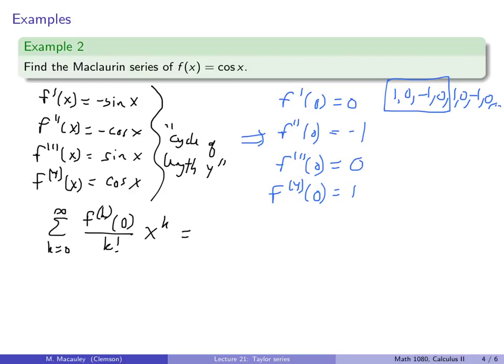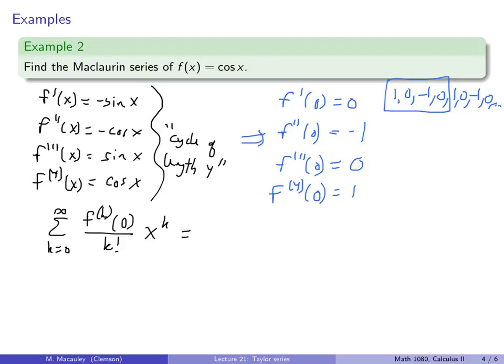Now it's not quite so simple. This thing is going to sometimes be 0 or 1 or -1, and it's going to have this period length 4. So there's not really a good way, at least I can't see right now, to just replace this with a simple formula. So instead I'm going to write out the first 6 terms or something.